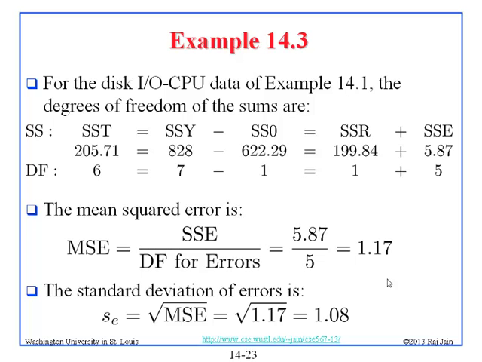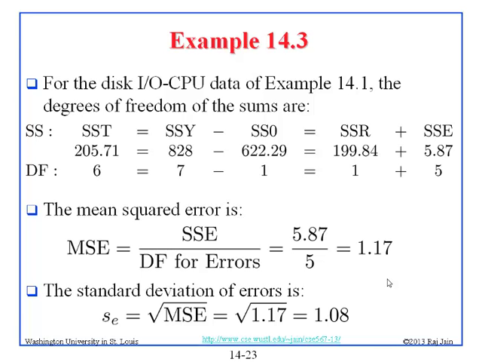So for the disk IO CPU data that we had, SST was 205, and SSY, so that was calculated from SSY and SS0, 205. That was divided into two parts, SSR and SSE. SSE is 5, SSR is whatever is left over between the two.